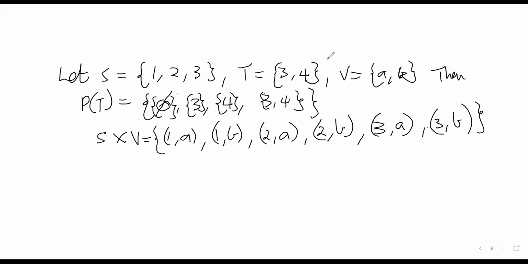That is the Cartesian product. We are just crossing S and V, okay? It's like you're matching them. It's like you're matchmaking.